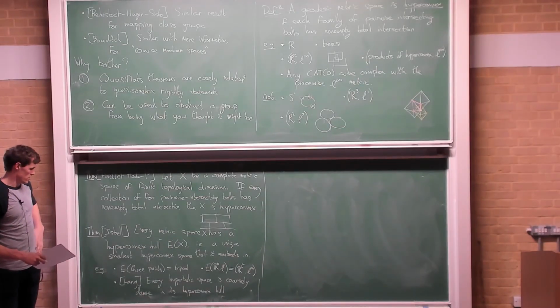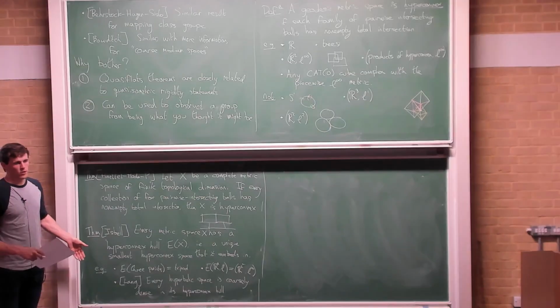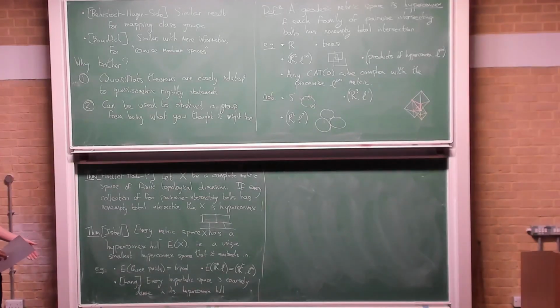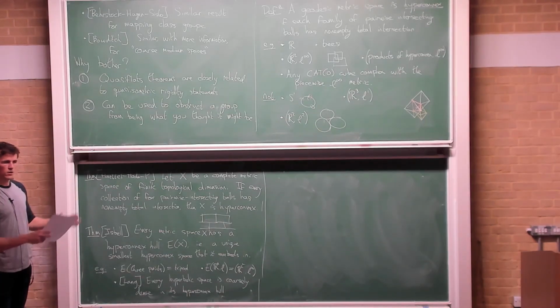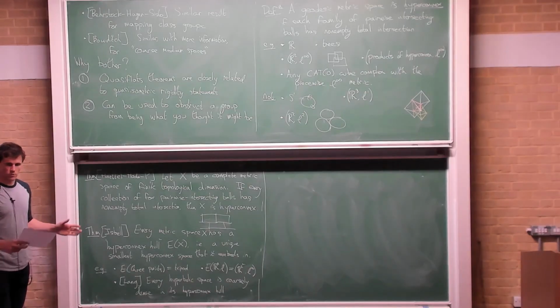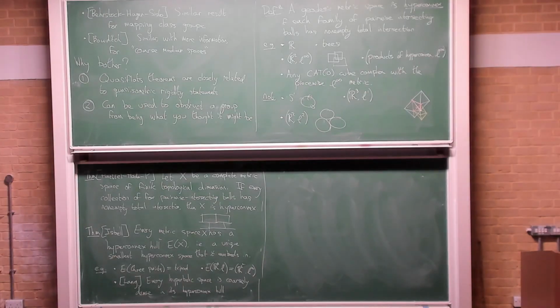So in particular, braid groups act on those things, even though we don't know if they act on CAT(0) spaces. Mapping class groups also act properly and co-boundedly on hyperconvex spaces. And again, they're actually not CAT(0). And Eitel showed that uniform lattices in GL_n(R) also act geometrically on these things. So there are lots of nice groups that act nicely on these things.